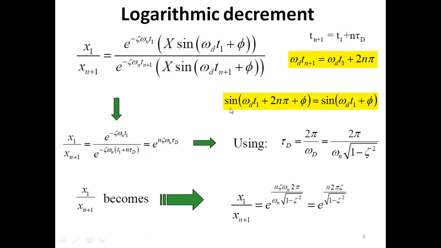It is just like sine alpha plus beta plus 2n pi is actually equal to sine alpha plus beta. So you could use that trigonometric equation, meaning that sine omega d tn plus 1 plus phi is actually sine omega d t1 plus phi.